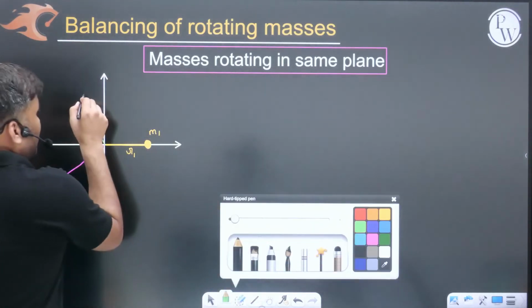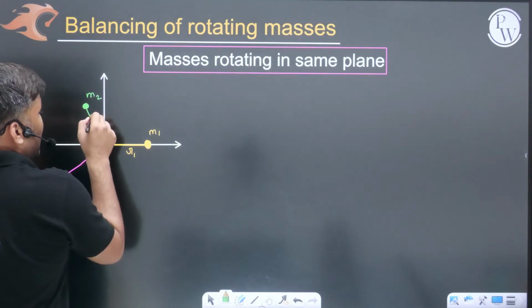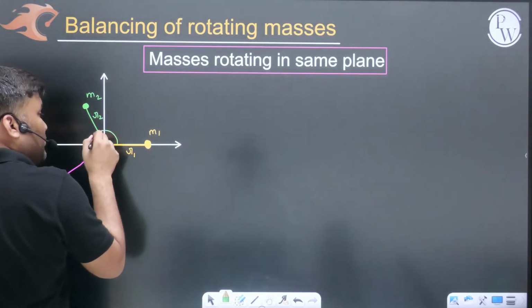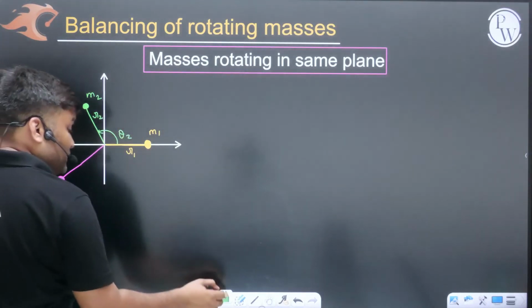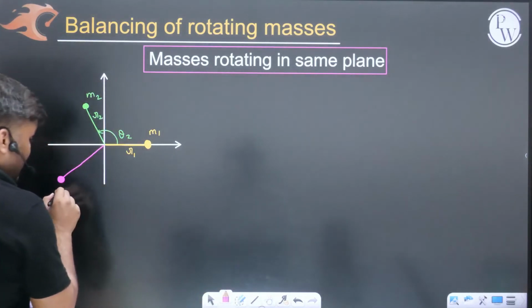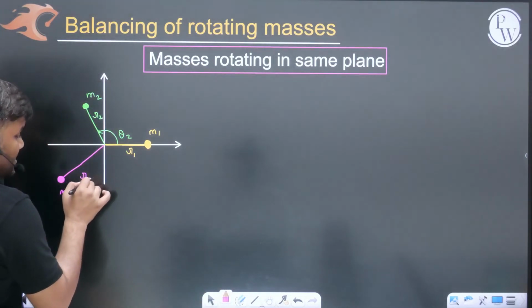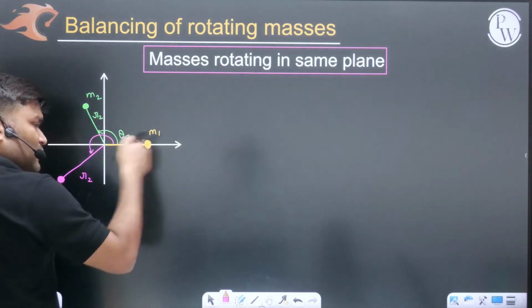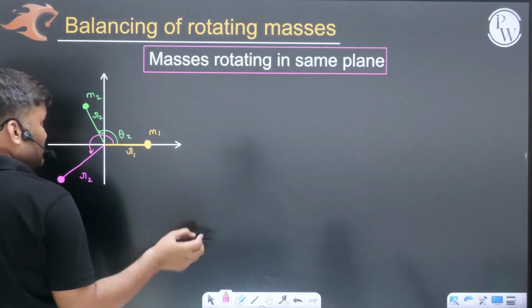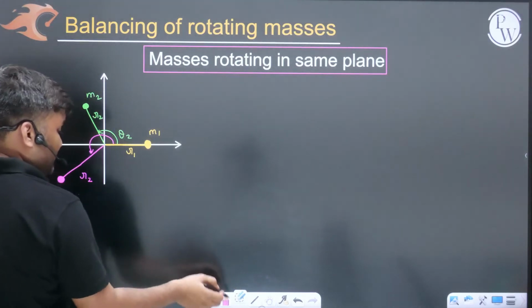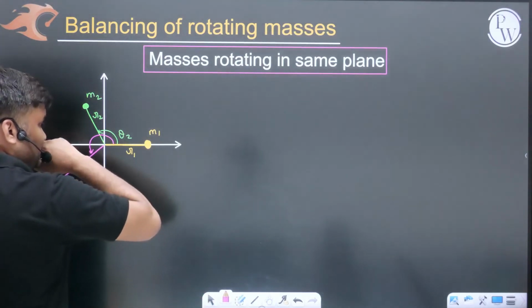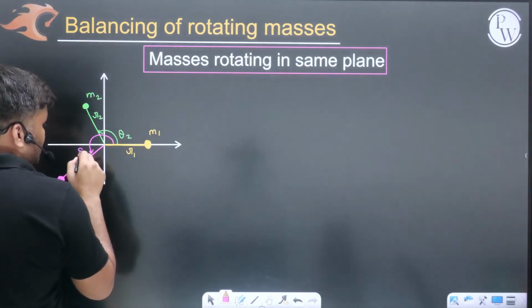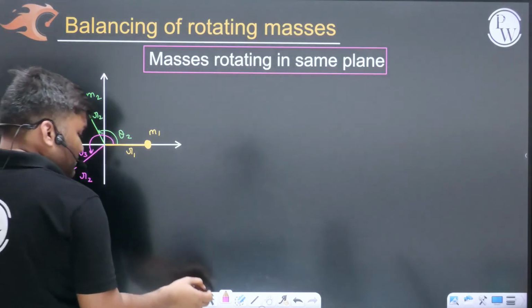This is mass m2 at distance r2. Its angular position is given as theta2. This is mass m3 at distance r3, and its angular position from the reference axis is given as theta3.